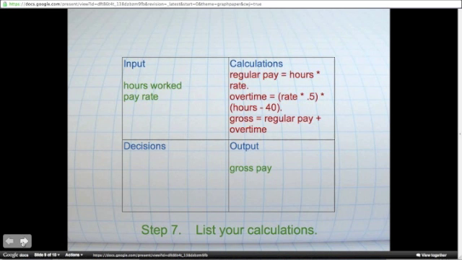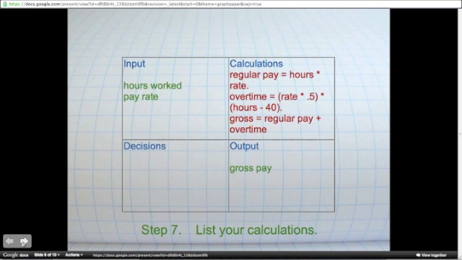So now I know what the regular pay is, and I know what the overtime premium is. So gross is equal to the sum of the two. Gross equals regular pay plus overtime. Those are my 3 calculations.